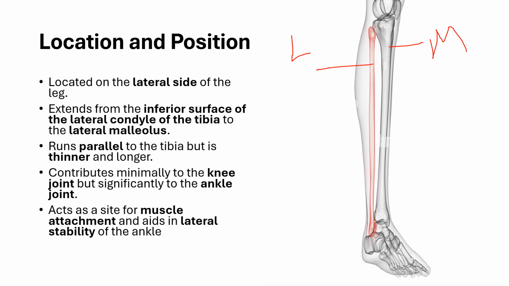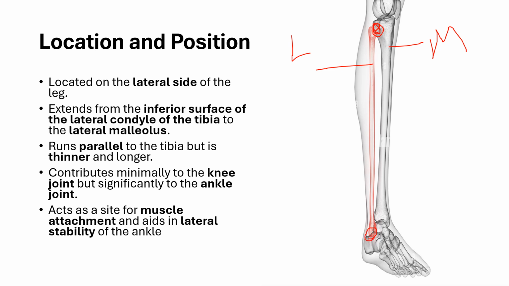It extends from the inferior surface of the lateral condyle of the tibia above and comes down to the lateral malleolus of the ankle. Here is the position where the lateral malleolus is formed.